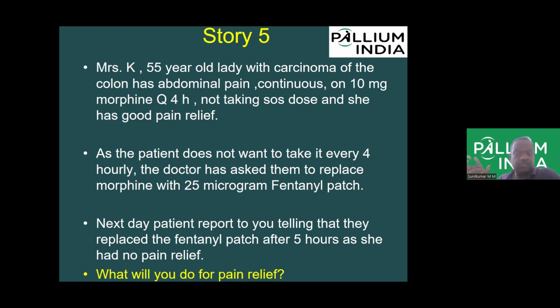The pain is controlled with 10 milligram of morphine every 4 hourly. And this is another patient who asked the doctor to reduce the dose, or if there is any other medication which can be taken less than 4 hourly, I would like to take it.